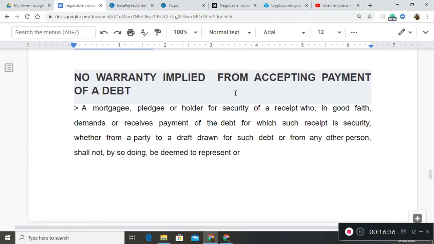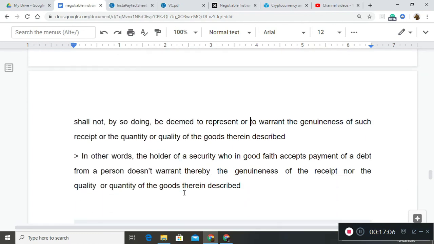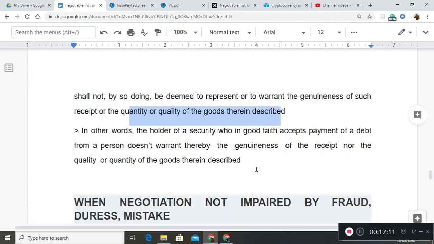No warranty is implied from accepting payment of a debt. So, a mortgagee, pledgee, or holder of a security of a receipt who in good faith demands or receives payment of the debt for which such receipt is security, whether from a party to a draft drawn for such debt or other person, shall not by so doing be deemed to represent or to warrant the genuineness of such receipt or the quantity and quality of the goods therein described.